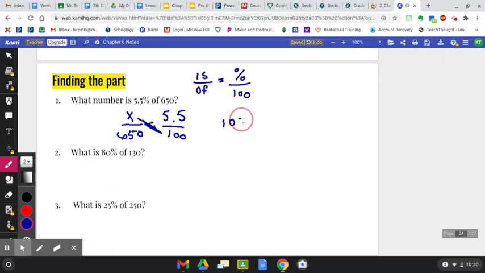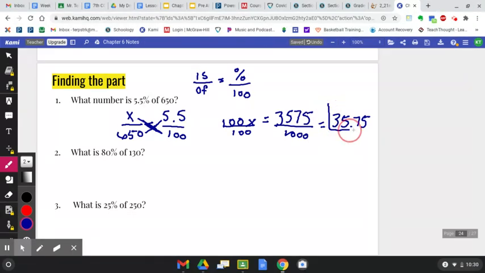So that would be 100x, and then I'm going to multiply 650 times 5.5 to give me the other cross product, and that gives me 3575. Divide that by 100, and we end up with 35.75.